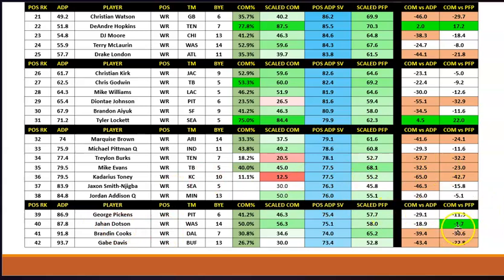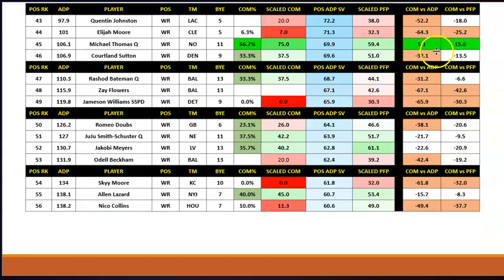Dodson, a little bit here, the third in this group. Deeper still, Michael Thomas could deliver. His COM value was better than a lot of these, in fact, way better. And you can see who's who, what's what. The best ones, Lazard and Schuster, could be as far as projections, and Bateman.